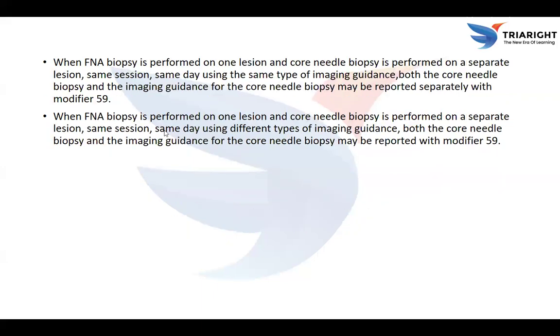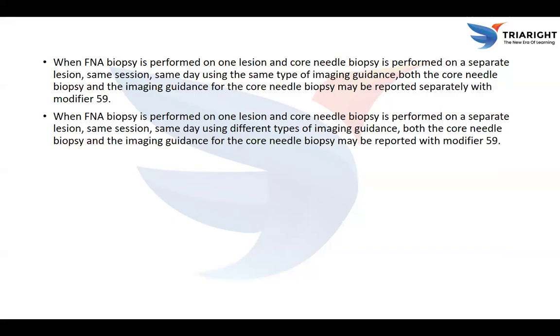Now, FNA of one lesion plus core biopsy on a different lesion, same session, same day, and same imaging guidance. Because it's a different lesion, you can report both in this case: the core needle biopsy as well as the imaging guidance for the core biopsy. You have to use modifier 59 as well. Why? Because they are done on different lesions; even though the same imaging method is used, they are distinct procedures.